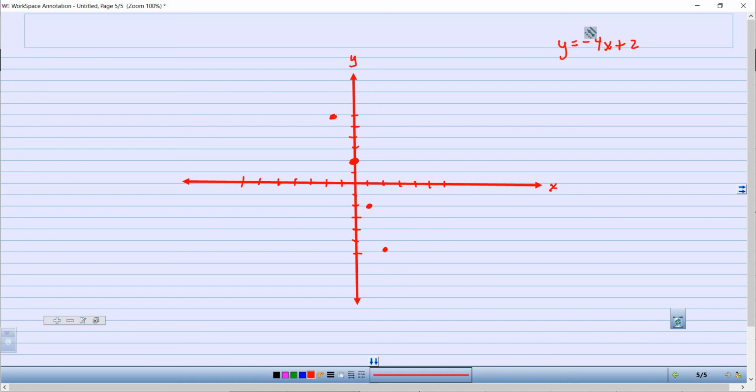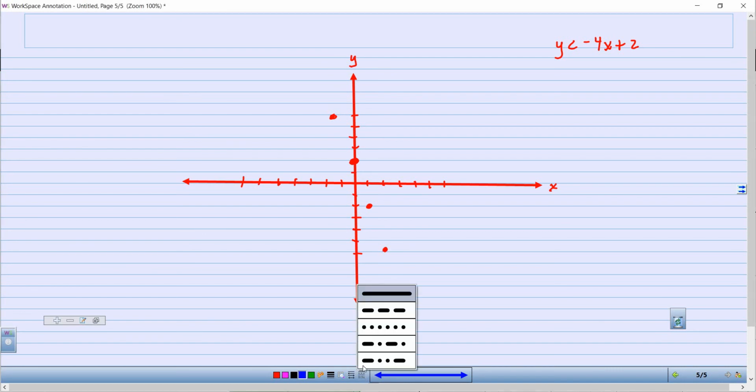And if I was graphing the line that was equal, then I would just go ahead and go through all of those points like that, right? But what if instead I said, no, I want this to be y is less than negative 4x plus 2. All right, well, what am I going to do then?